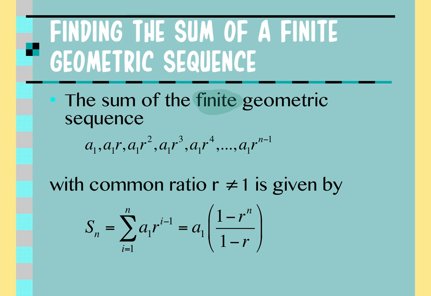We use this equation, A1 times 1 minus R to the n over 1 minus R. A1 should still be the first term if the number is 1 on the bottom. R is still what's being raised to the power. N is still going to be the number of terms.